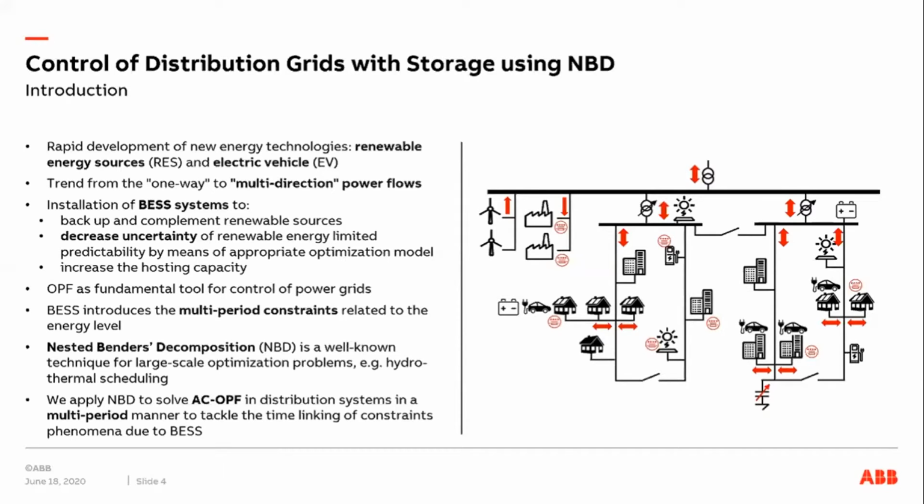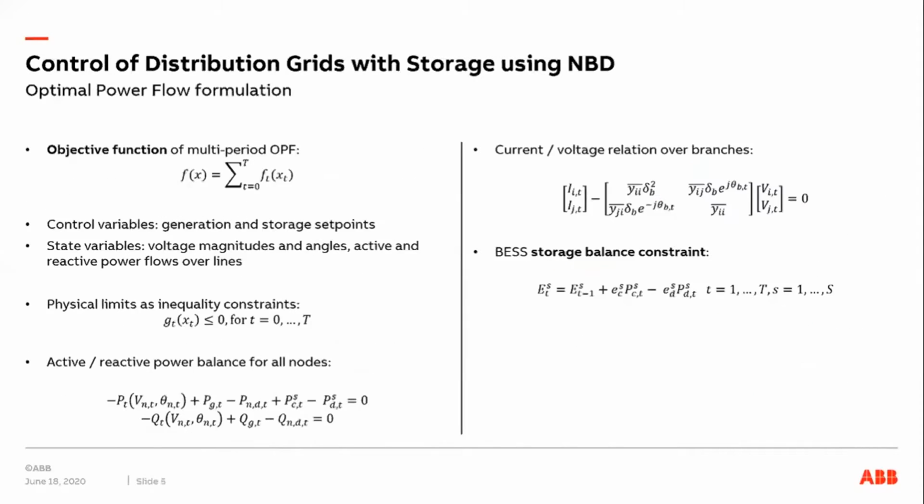So, nested Benders decomposition is a well-known technique for large-scale optimization problems, for example, hydrothermal scheduling or planning for the transmission grid or for high-size grids. So, we can apply nested Benders decomposition to solve a nonlinear AC optimal power flow in the distribution grid, take into account the multi-period, and tackle the time-linking constraints due to the energy storage.